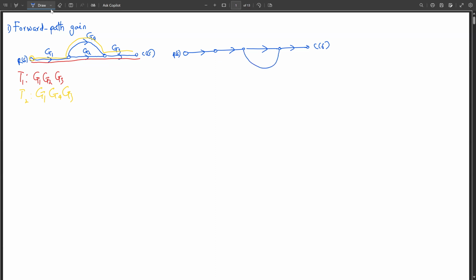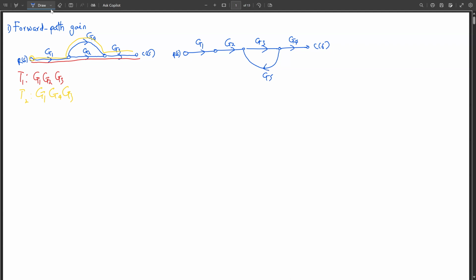And then they have gains of G1, G2, G3, G4, and G5, right? Let me change the direction here to make what I'm trying to show.